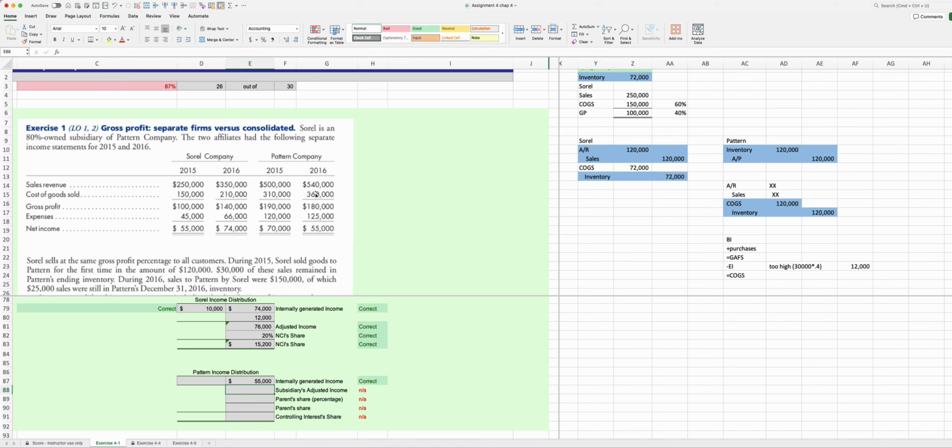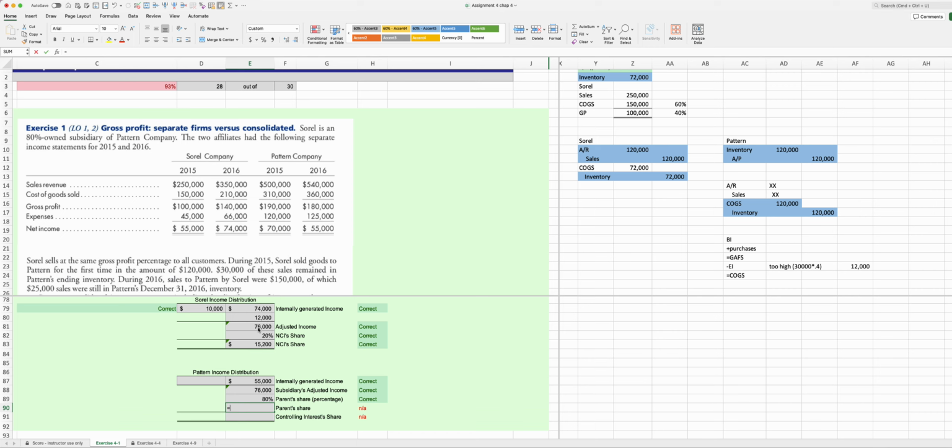It wasn't part of an affiliated group with someone else and didn't have any sales, so we don't have any issues here with cost of goods sold or any of the reductions. However, we do recognize that 80% of the subsidiary's income belongs to us, or rather their adjusted income. So I'm going to add all of it here and then add the parent's share.